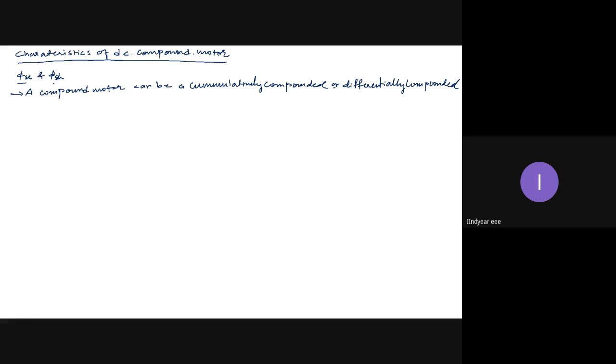Because there are two fluxes existing, the total working flux, the resultant flux, is always the effective value of both the fluxes.